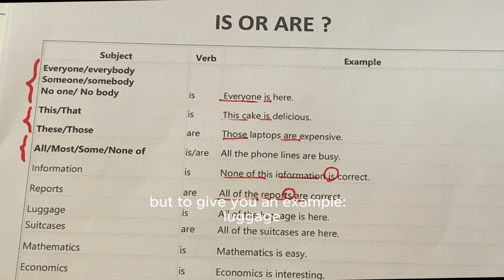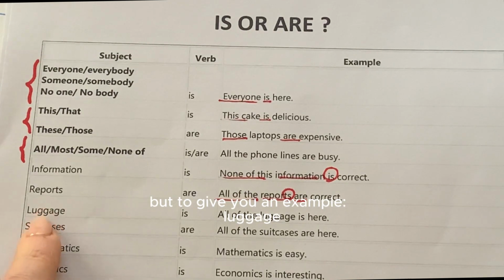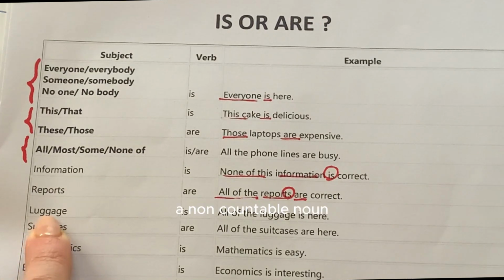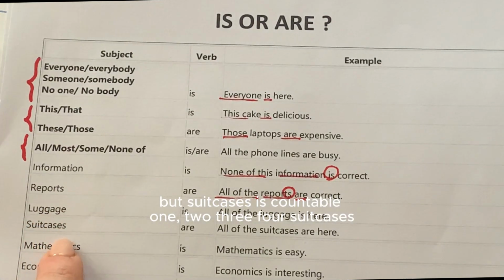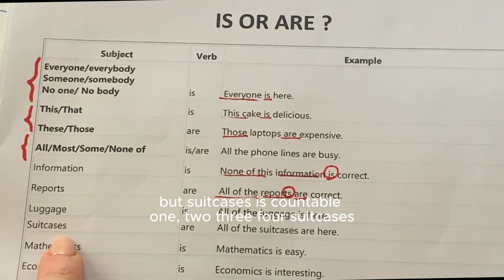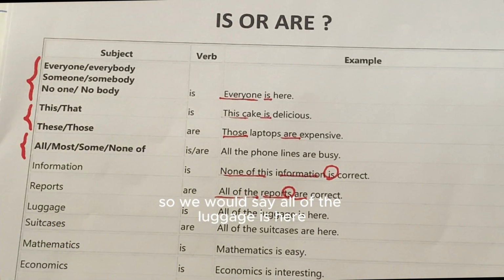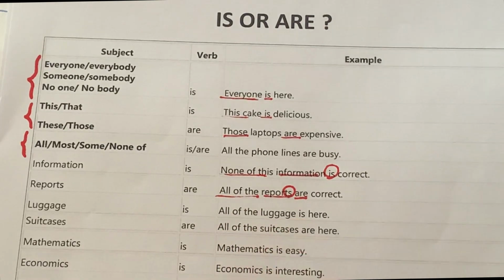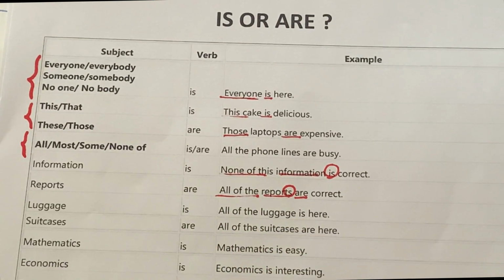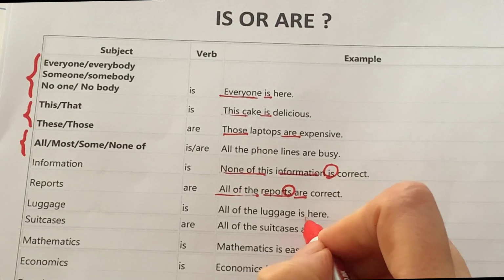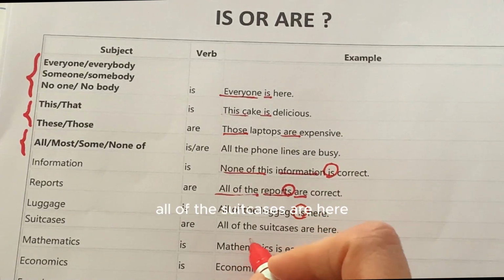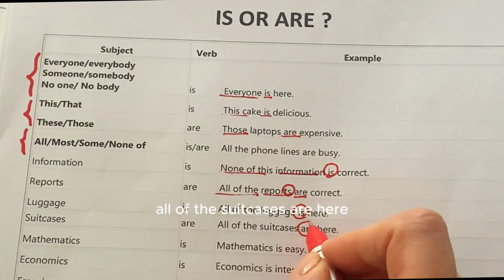But to give you an example, luggage is a non-countable noun, but suitcases is countable. 1, 2, 3, 4 suitcases. So we would say all of the luggage is here. All of the suitcases are here.